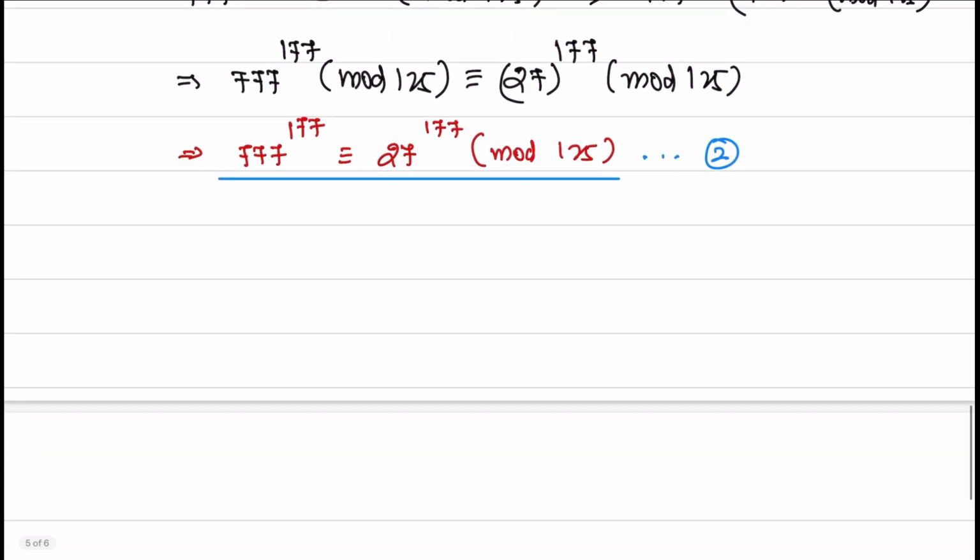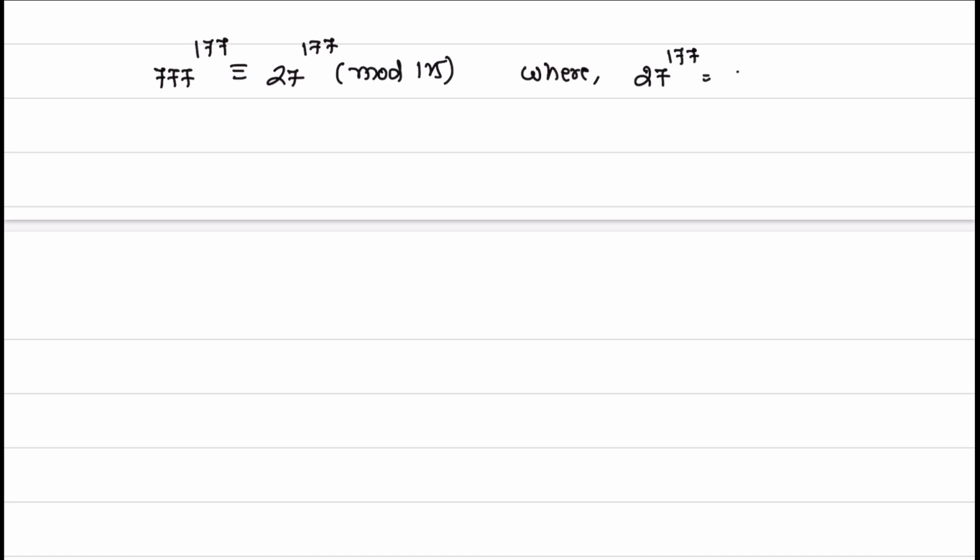Now we have to combine both. But still, the second equation requires some amount of simplification. 777 to the power of 177 is equivalent to 27 to the power of 177 mod 125, where 27 to the power of 177 is equal to 27 to the power of 100 into 27 to the power of 77.